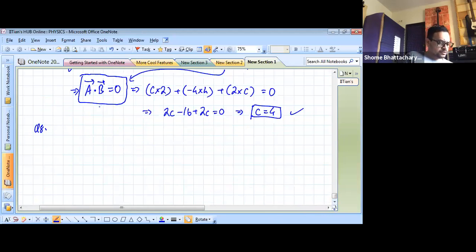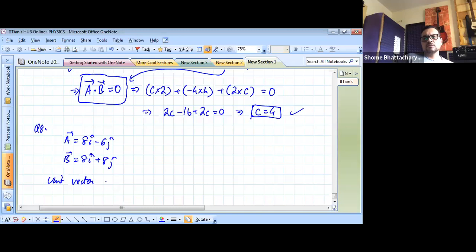In the 8th question, you have to find the unit vector which is perpendicular to the resultant of A and B. So first of all, vectors A and B are given to us, and then we have to find which of these unit vectors is perpendicular to it. So A is 6i cap minus 6j cap, B is 10i cap plus 8j cap. So we have to find the unit vector perpendicular to the sum of A and B.